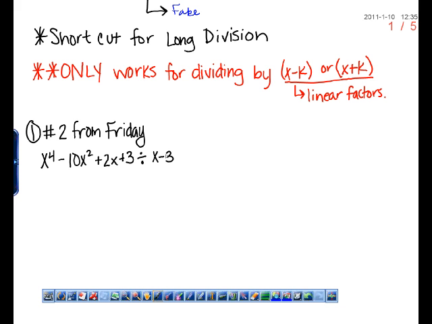X minus 3 is the factor. So I'm checking to see if x minus 3 equals 0, then x would equal 3. I'm checking to see if x equals 3 is a root. So you're going to use that number 3. You're going to write that down.